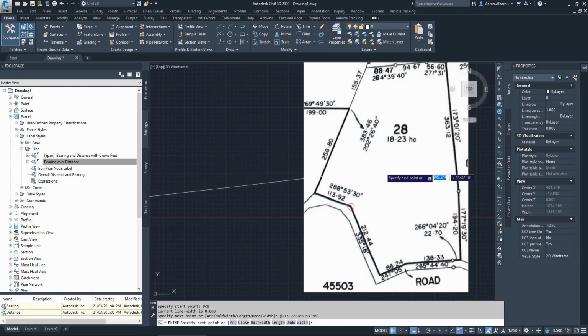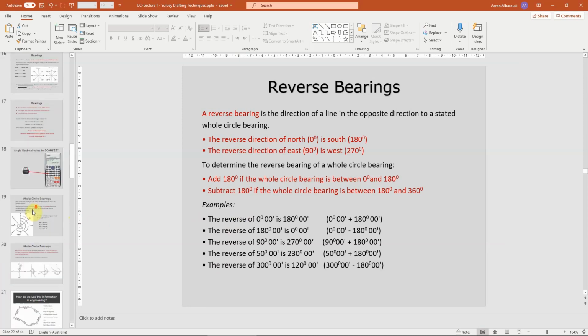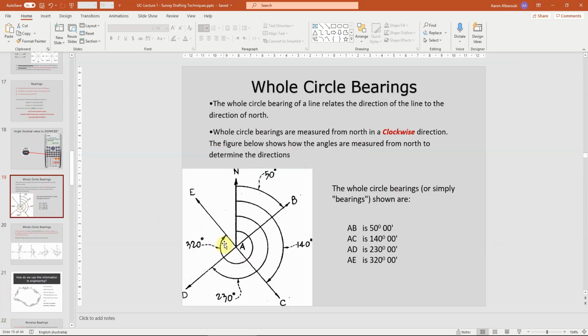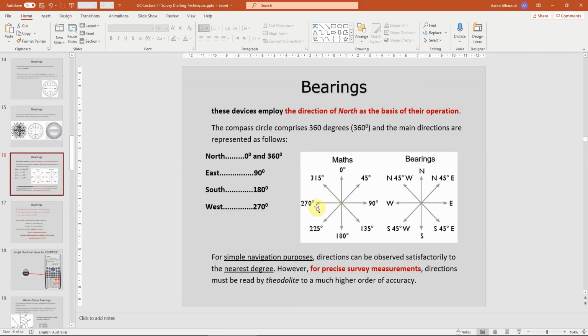So based on our understanding, if I haven't realized that this angle here, 202, let's go back to our agreement here, 202, that means it's more than 180, less than 270. So it should be in the third quadrant, which is somewhere here.